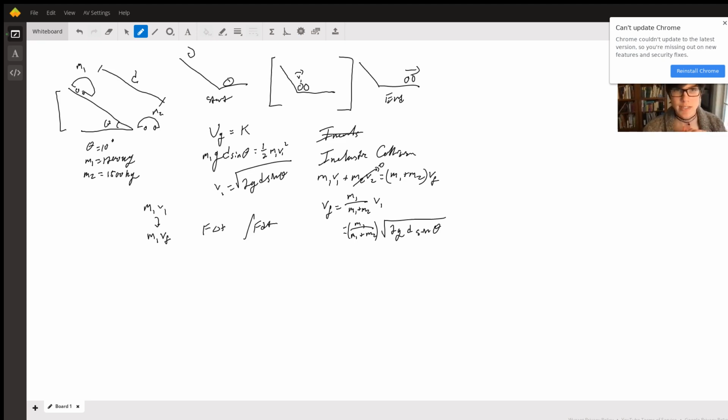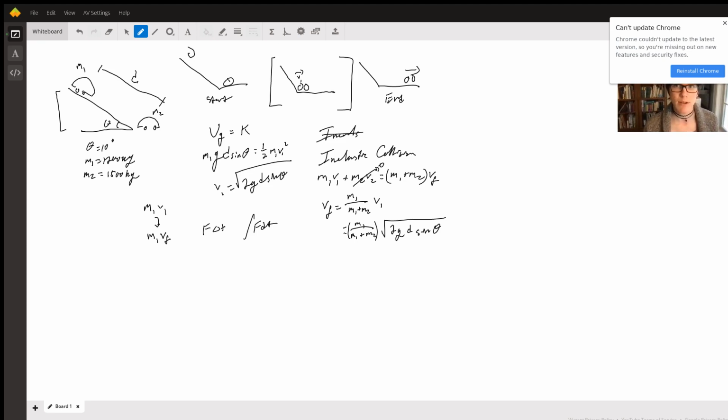So you can consider any one of these individual things as its own system, or you can pair them up in any which way you would like. Doing M1 and Earth to get your speed, and then switching to M1 and M2 as your systems is going to give you the easiest answer.